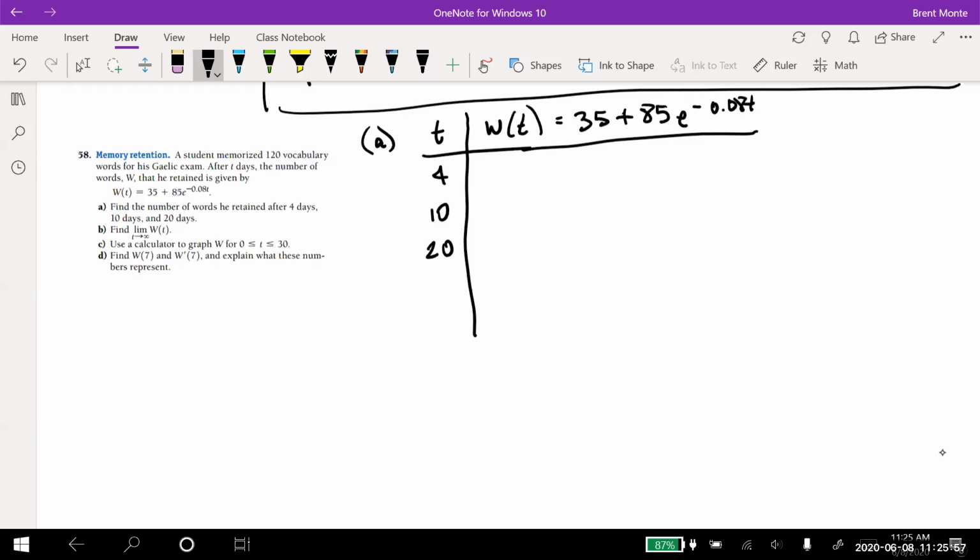Now notice this formula is very similar to what we had in the last problem. That e to the negative 0.08 t, that means he's losing words at a rate of 8% per day. So I plug in 4. Now I'm going to round this to the nearest whole number. I get 96.7, so we'll say about 97 words.